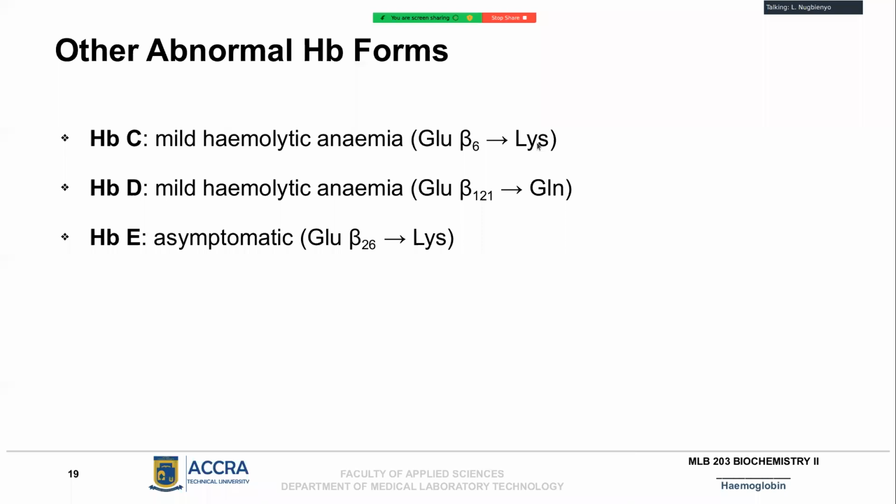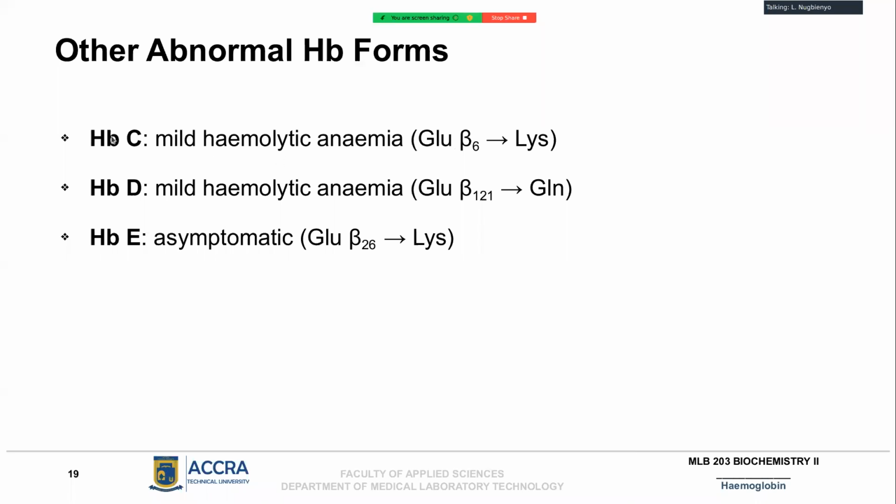So remember, in sickle cell, it was replaced with valine, but here it is lysine. And if it's lysine, you have some mild anemia. So some people with sickle cell can have both: the valine, and then some of them will have the lysine, so that the person is sickle cell and at the same time has some mild anemia.